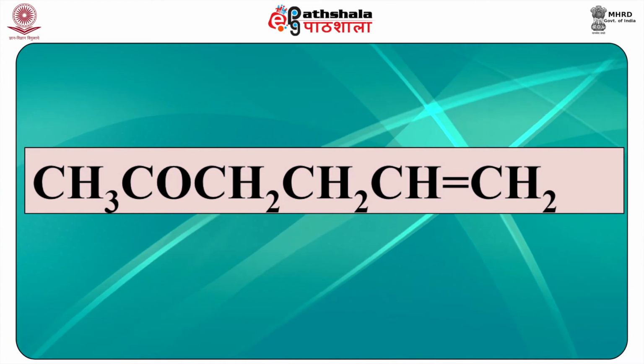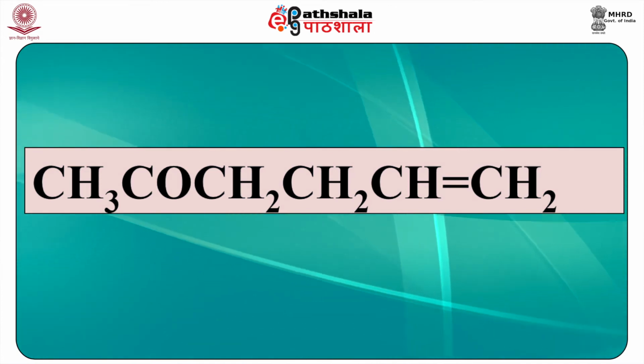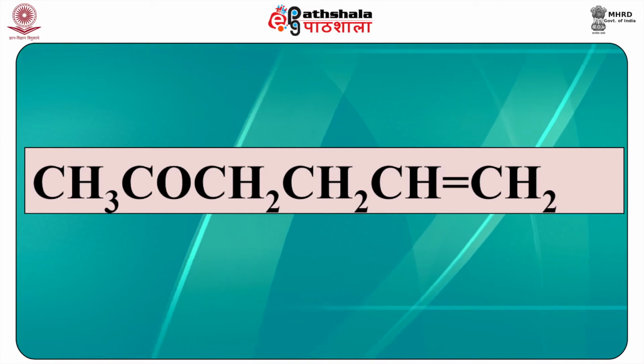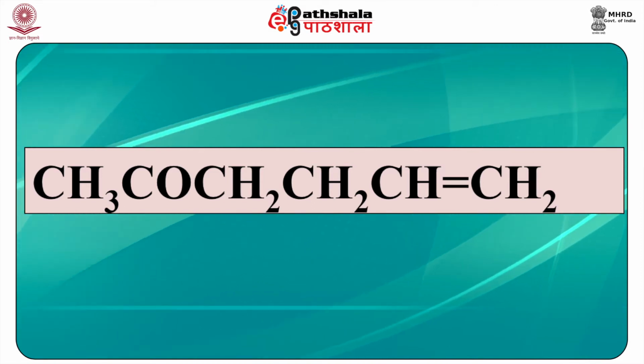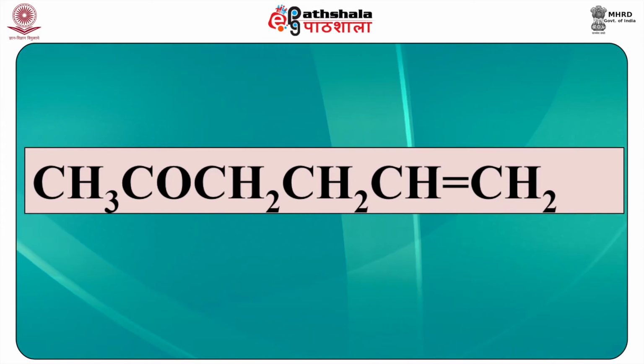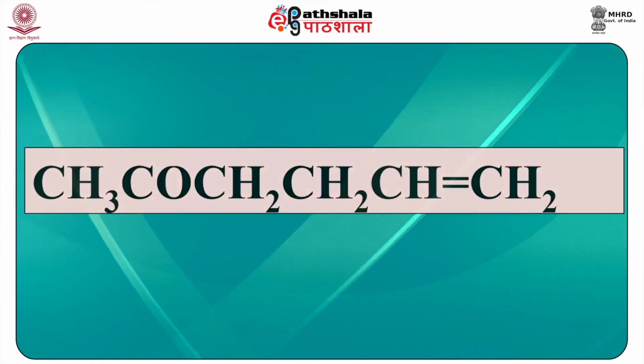The presence of the CH=CH2 unit is confirmed by carbon-13 NMR data at 115 and 137.6 ppm. Hence, as we can see from all the spectroscopic data, the structure of this compound will be CH3, CO, CH2, CH2, CH, double bond CH2.